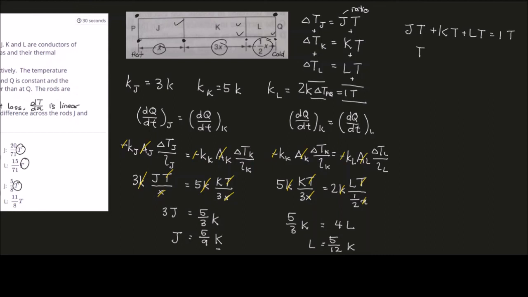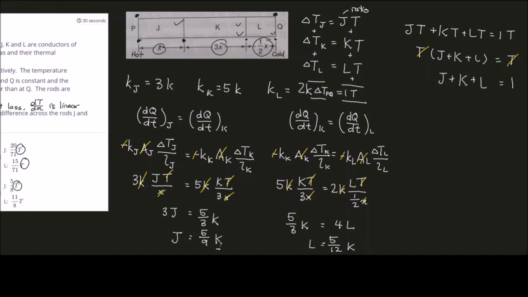So we can factorize out the T, and there will be J plus K plus L equals T. So we can remove the T on both sides. Then J, K and L, if you sum them up together, equal 1.